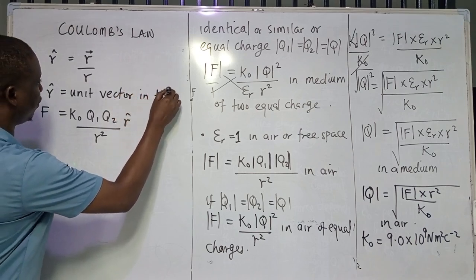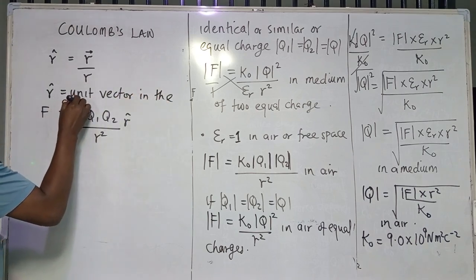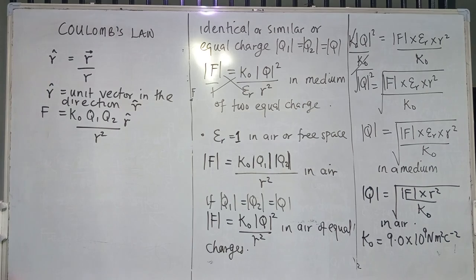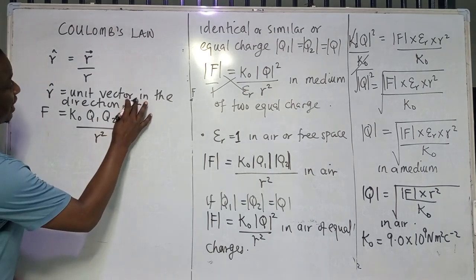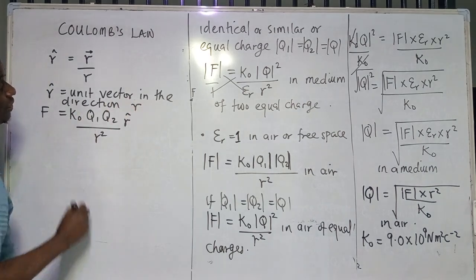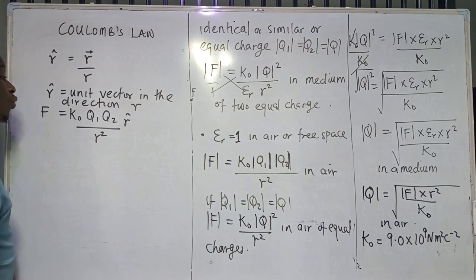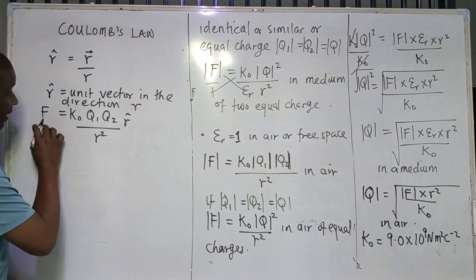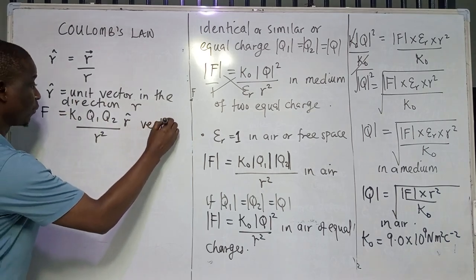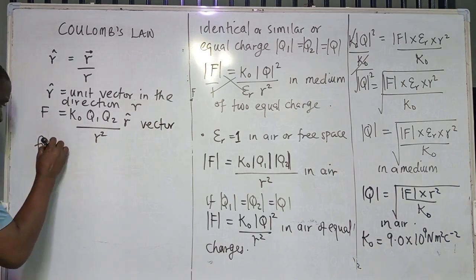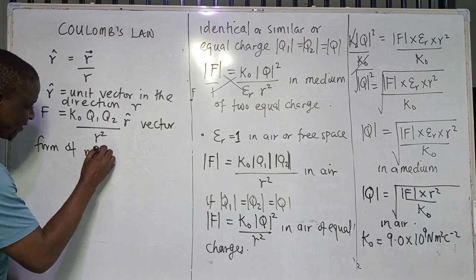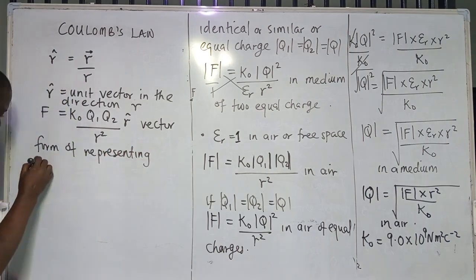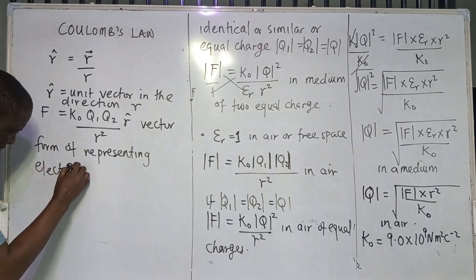In the direction of R. So this is a unit vector in the direction of R. So if we want to find the vector form of representing electrostatic force.